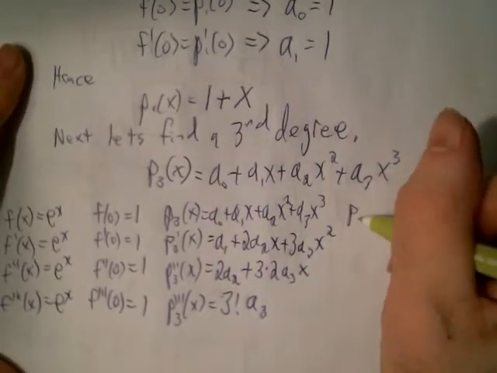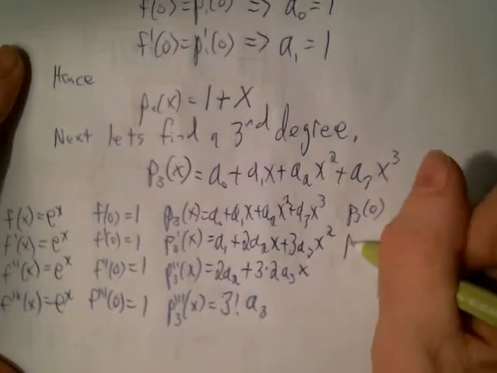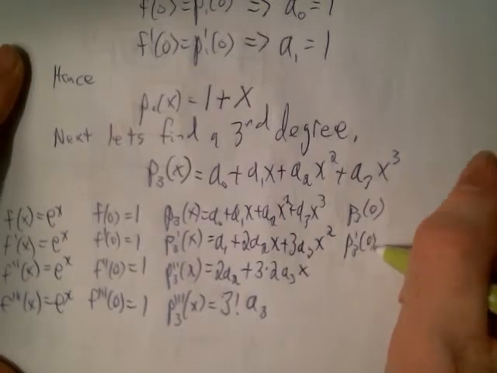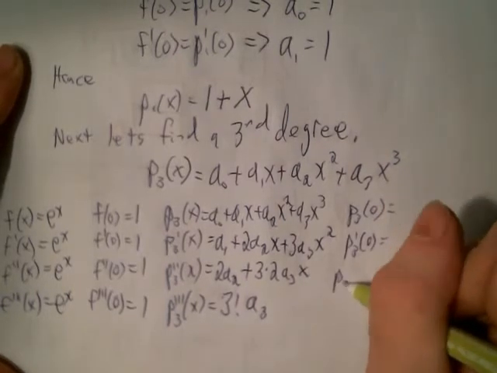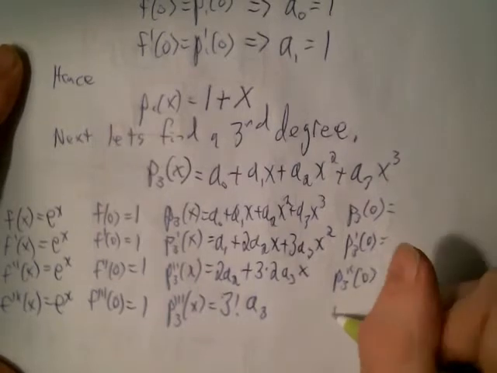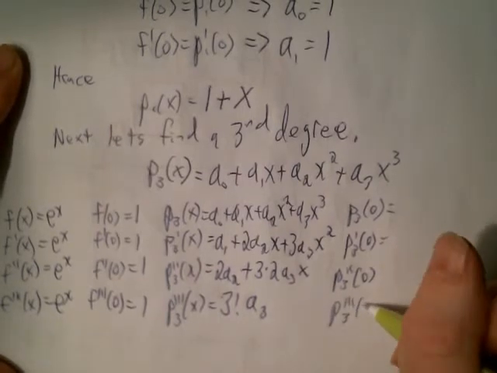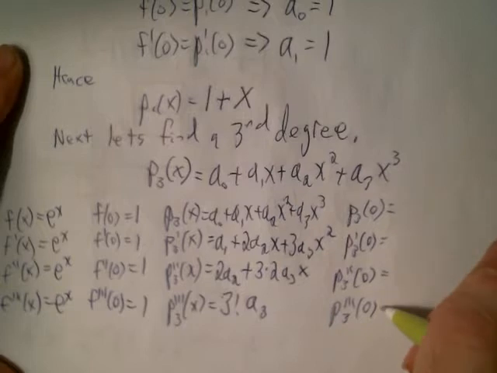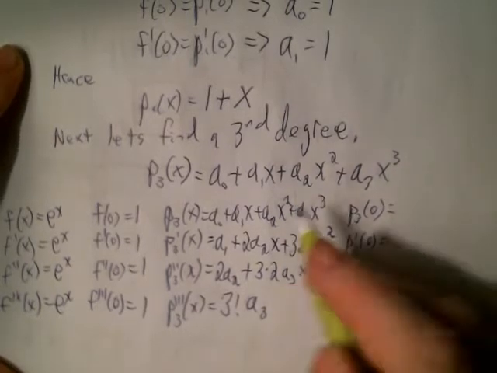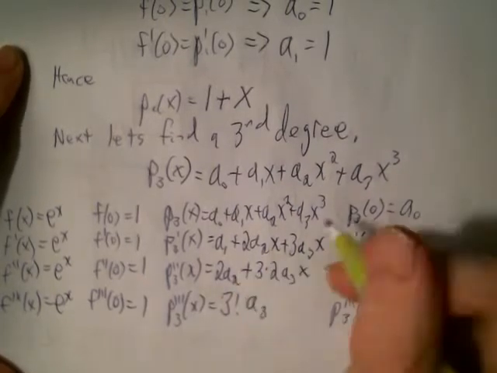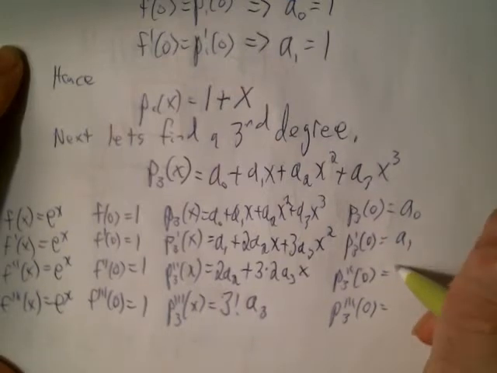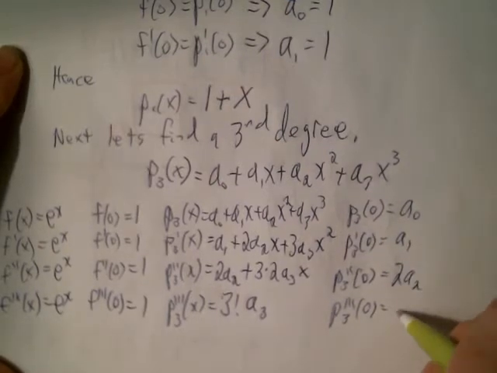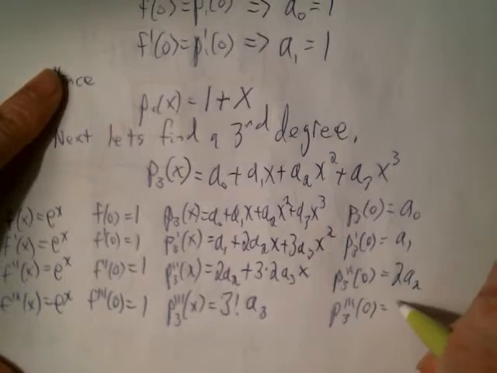Evaluating each one of these: p sub 3 of 0, p sub 3 prime of 0, p sub 3 double prime of 0, p sub 3 triple prime of 0. The first gives us a sub 0, the second a sub 1, the third 2 a sub 2, and this one gives us 3 factorial a sub 3.